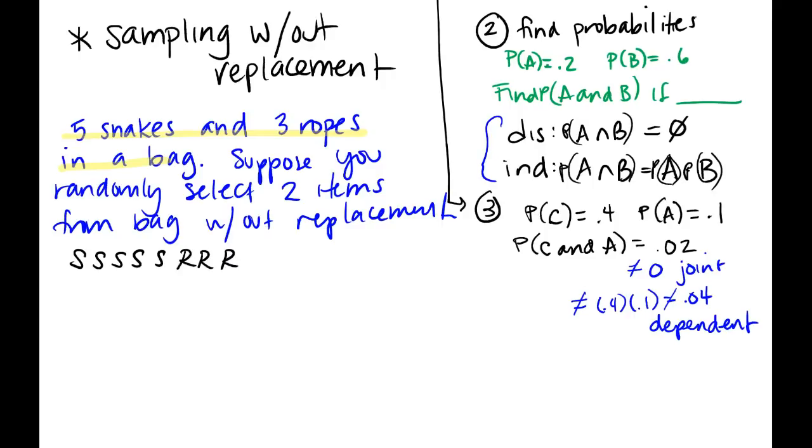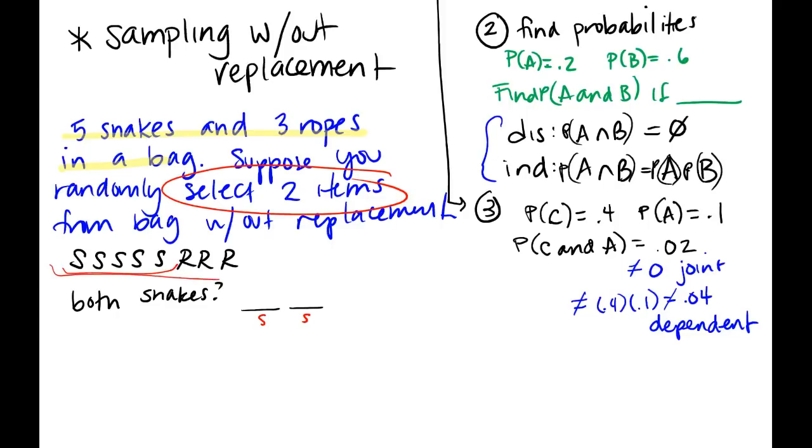The five questions: one is, what's the probability both are snakes? In this case, we have 2 events happening because we're randomly selecting 2 items. If we want them both to be snakes, they both better be snakes, right? So the probability the first one is a snake is just 5 out of the 8 possibilities. But if I've selected the snake, it's now gone.